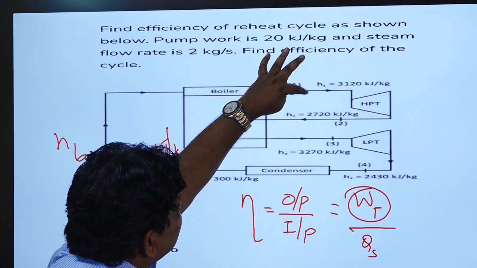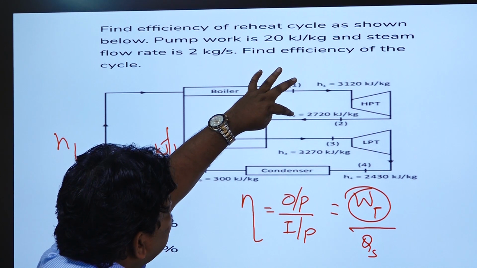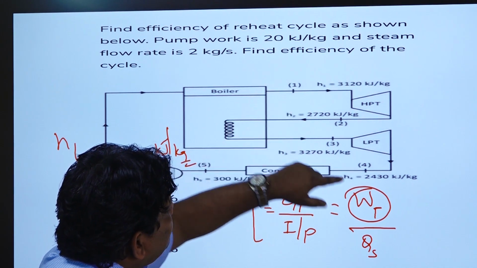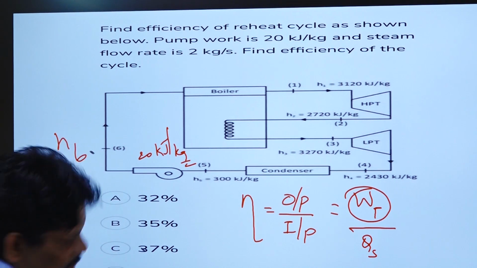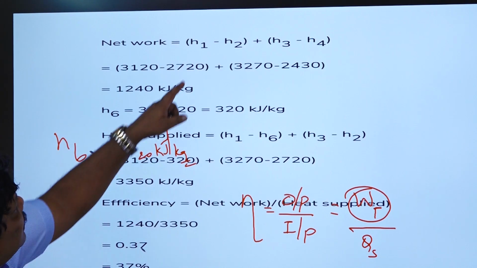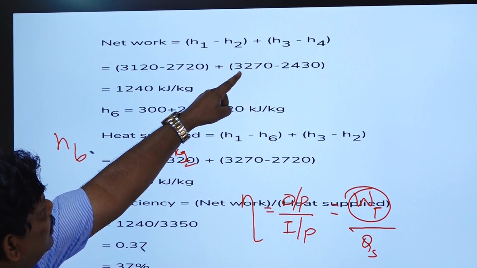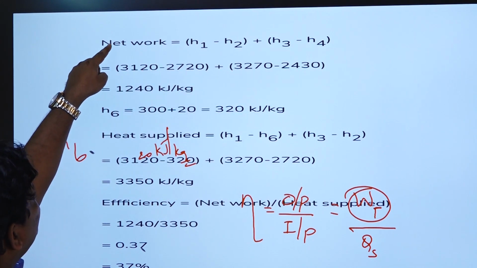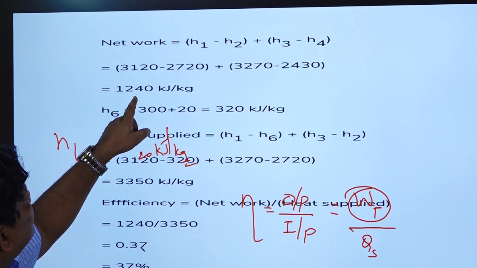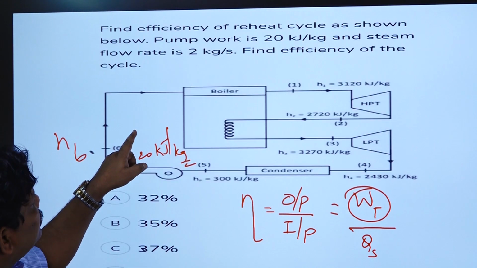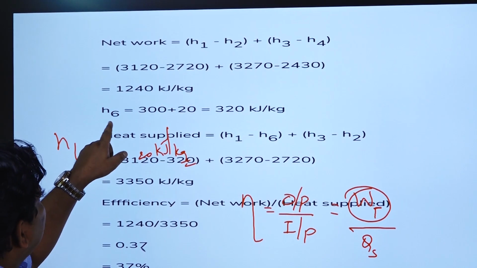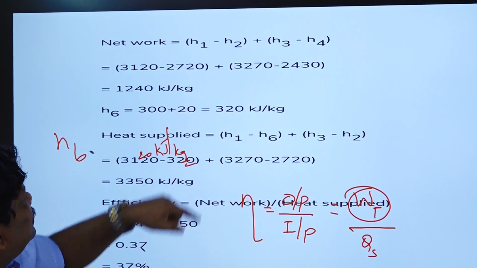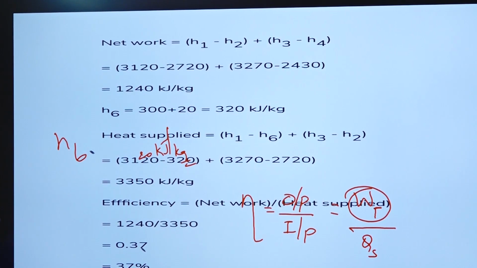H1 minus H2 plus H3 minus H4 will be the net work carried out by the turbine. All the data, H1, H2, H3 and H4, are known to you. Then H6, as I told you, is 300 plus 20, which gives 320 kilojoule per kilogram.